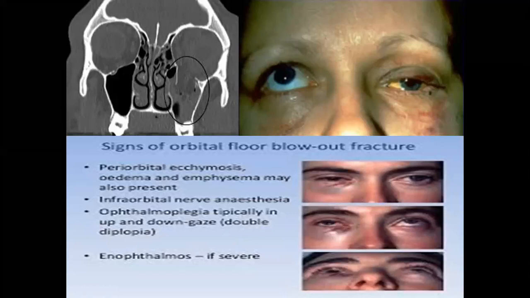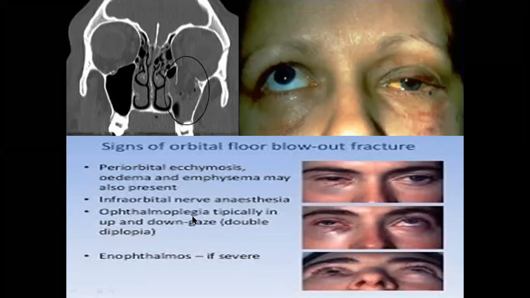It pulls the eyeball upward. So when the inferior rectus is trapped in this fracture, the patient develops diplopia on upward and downward gaze, and upward gaze is actually not possible in this case.